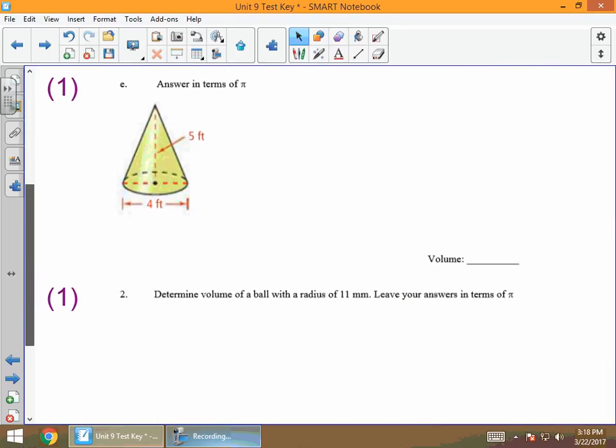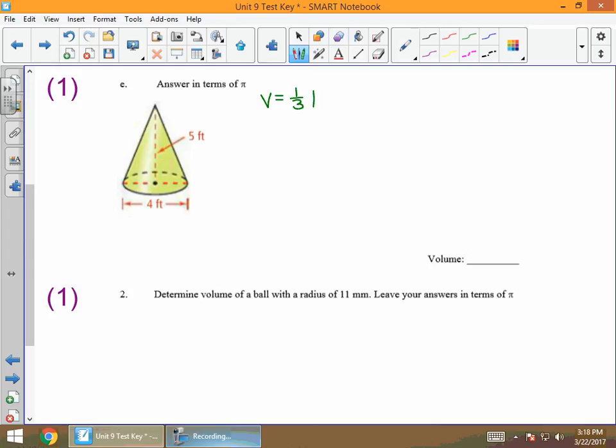All right, as I take a look at E, it says answer in terms of pi. A cone has a circle, and anything that has a circle on it, you're always going to leave a pi there. So that's something to think about and get used to. So for the cone, the volume, again, it comes to a point, so I know it's 1/3 area of the base times height. The base is a circle, which means it's pi r squared times height.